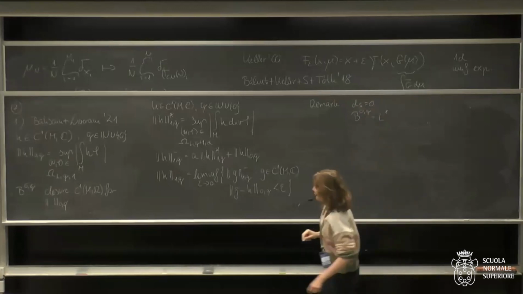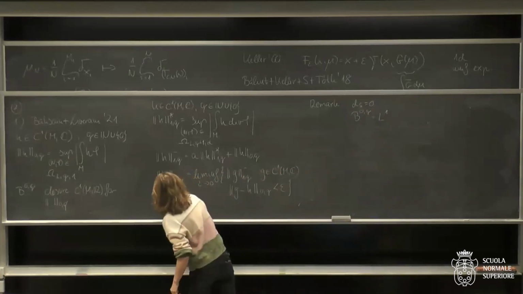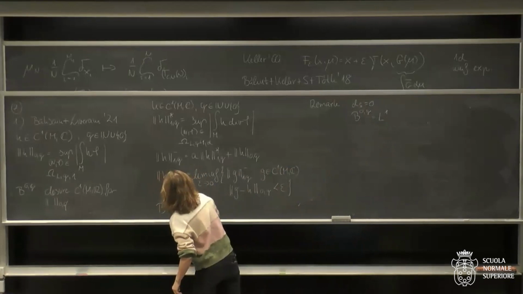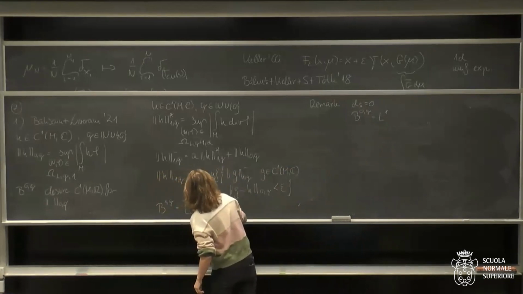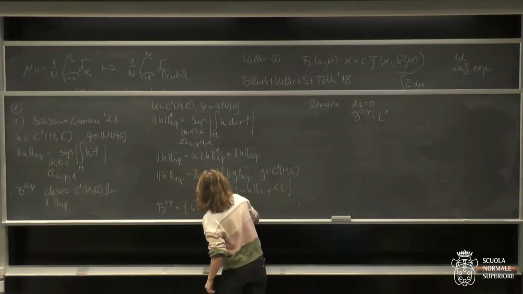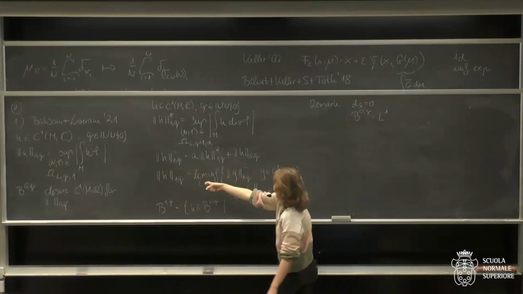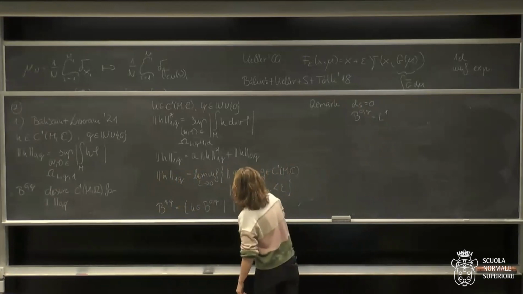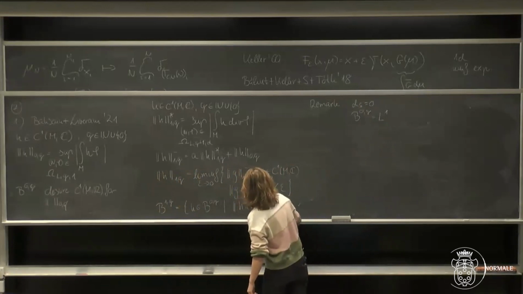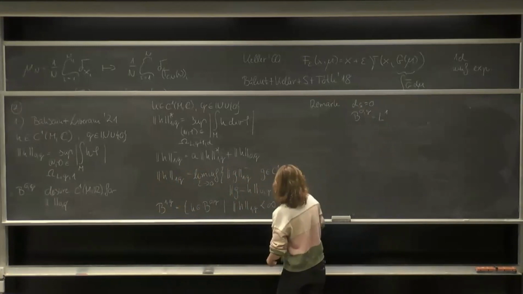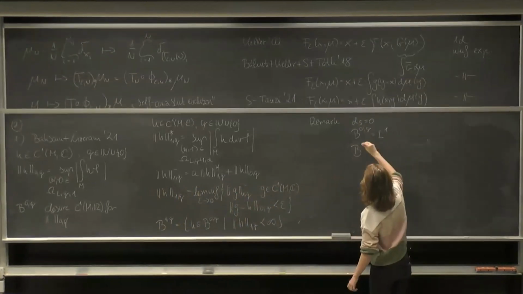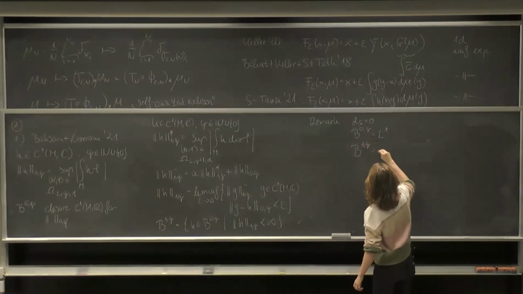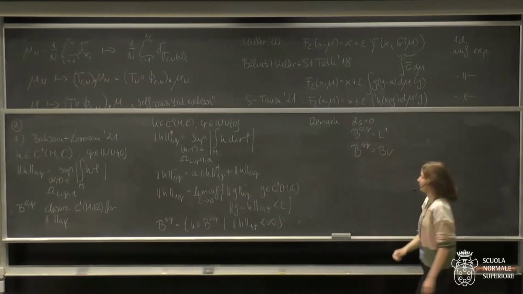So let me just go back here. We define the strong space, B1q, as the subset of the weak space where this norm is finite. Okay. And so in this case, the strong space is BV.